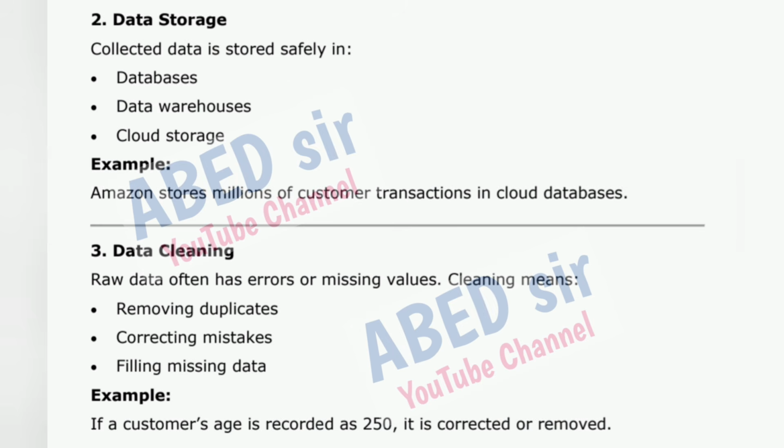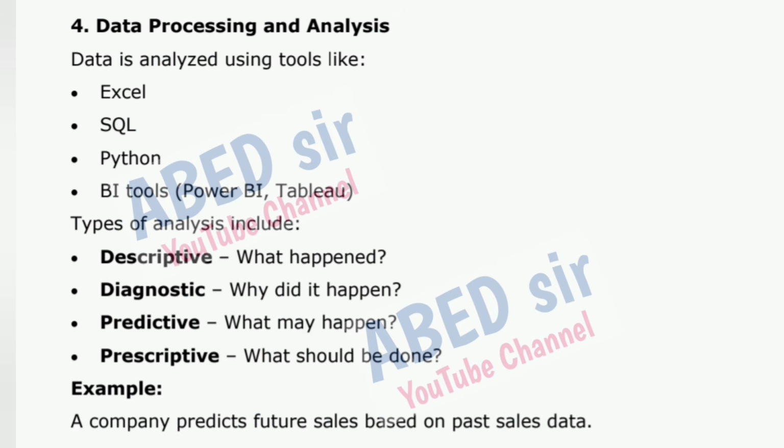3. Data cleaning. Raw data often has errors or missing values. Cleaning means removing duplicates, correcting mistakes, filling missing data. Example: if a customer's age is recorded as 250, it is corrected or removed. 4. Data processing and analysis.